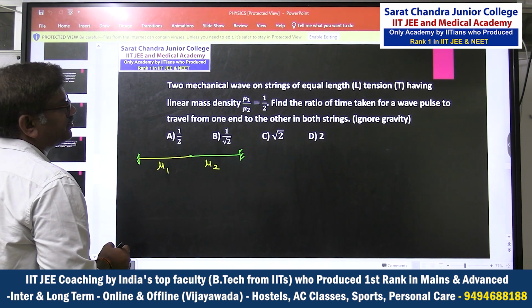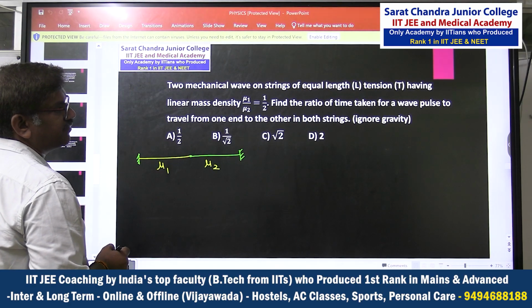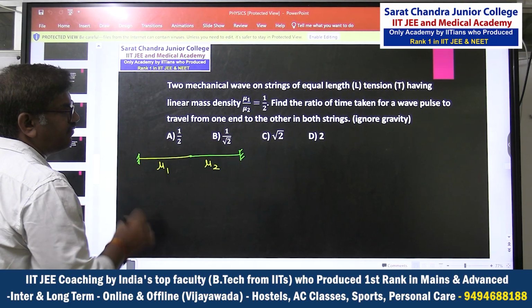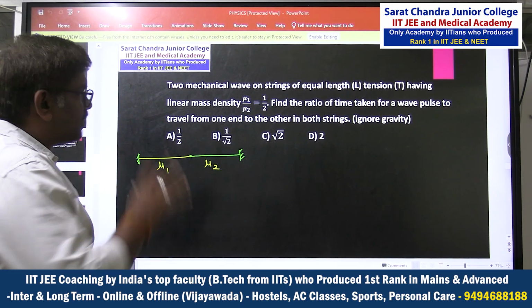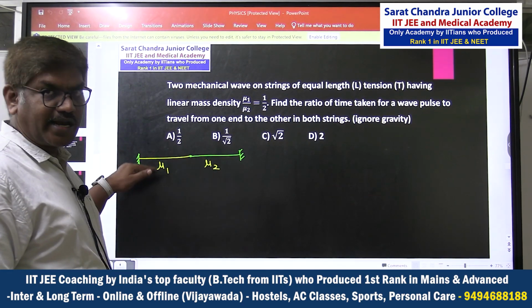Find the ratio of the time taken for a wave pulse to travel from one end to the other. Actually, in this question, this diagram is given to you. By the language it is not obvious, but they are connected together.